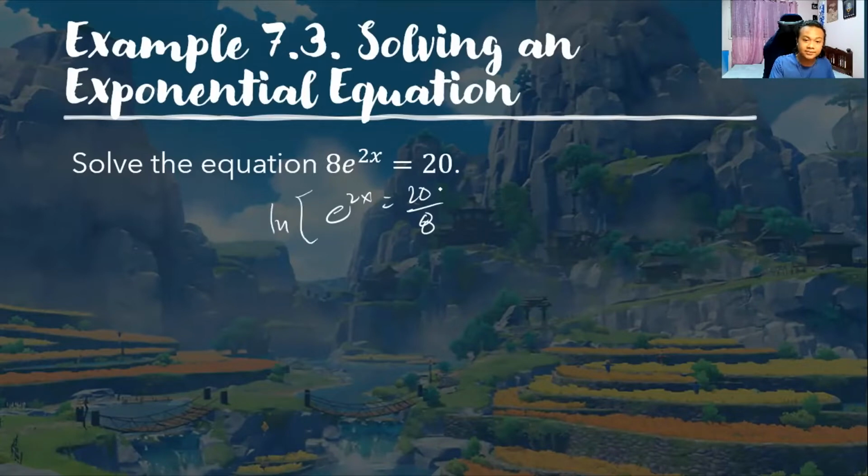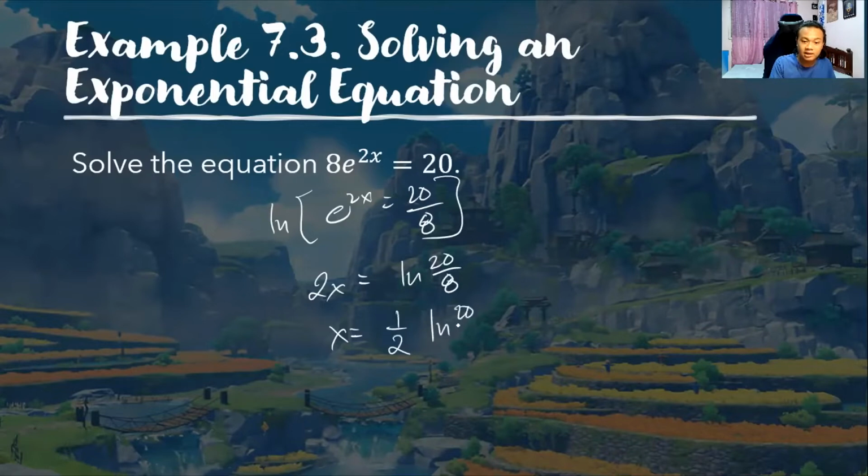Bring down the 2x, and since they have the same base, the e cancels. Look at your module if this is too difficult, or watch the video. So x is equal to 1/2 times ln of 20 over 8.